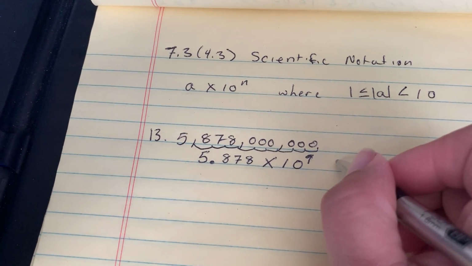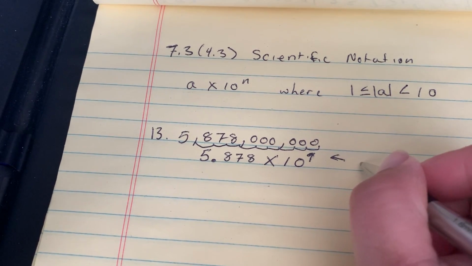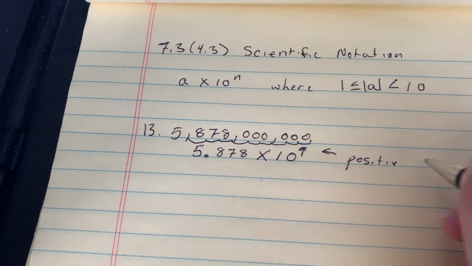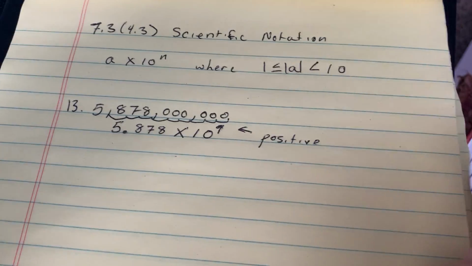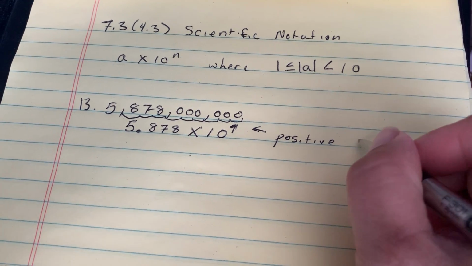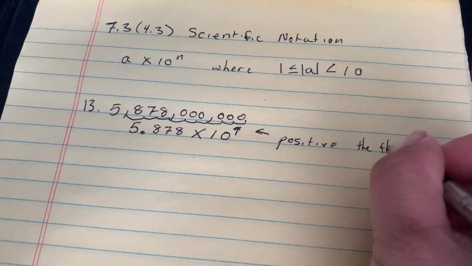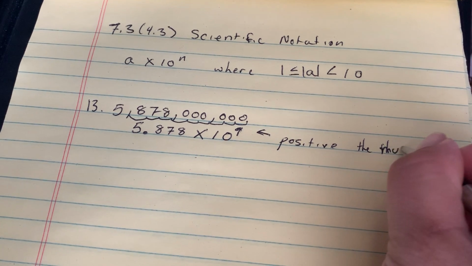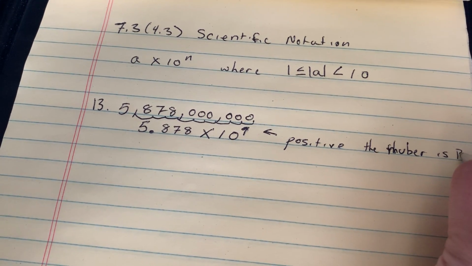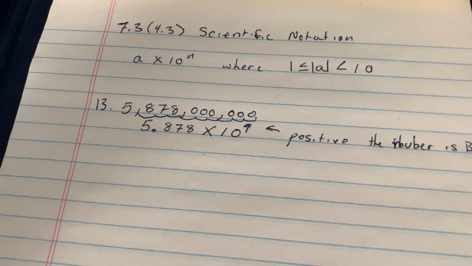Okay. If your exponent is positive, the number is big.